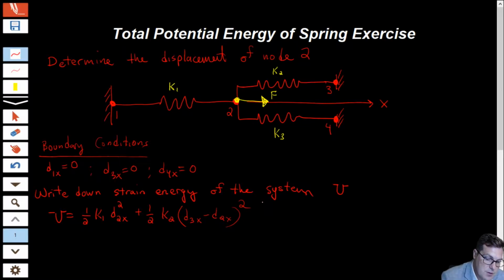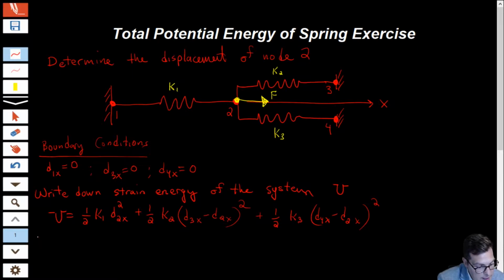But for right now, I just want to keep it in there because it demonstrates that 3 could be moving, and we'd have to consider the movement between 2 and 3. So that's why I'm including it here now. And then finally, that last element, which is going to be 1/2 K3, and that's d4x minus d2x, squared. That's our strain energy.